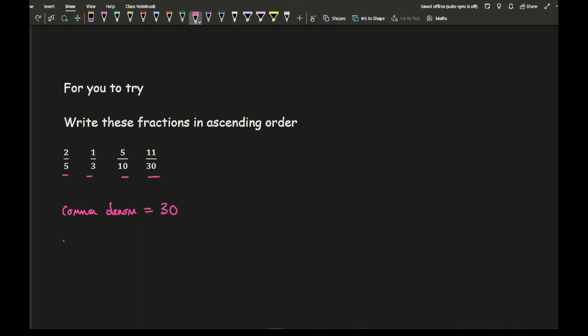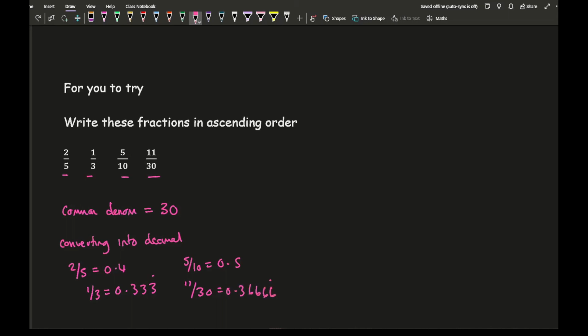And in terms of converting into a decimal, we're looking at 2/5 being 0.4, 1/3 being 0.333 recurring, 5 over 10 being 0.5, and 11 over 30 is going to be, I would say, around about 0.36666 recurring.